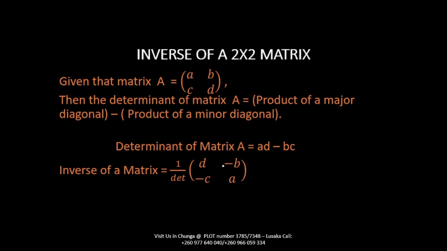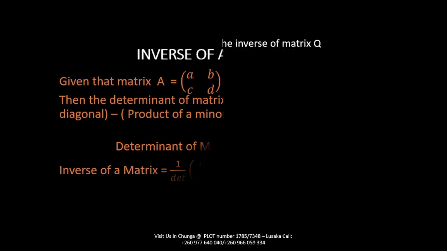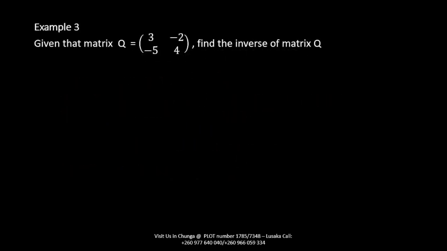So as you can see now, between C and D, these ones have become negatives. The reason being is in the original matrix, they were positive elements. So we have now multiplied by 1 on the B and the C to see to it that you have got the negative signs. Therefore, we can look at an example under inverse of a matrix.